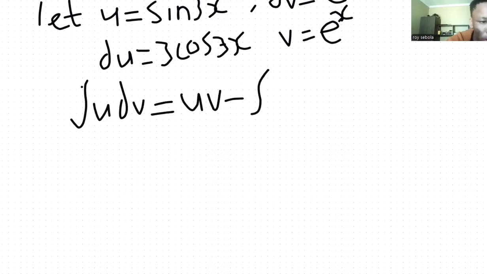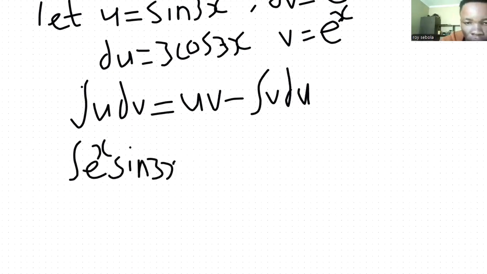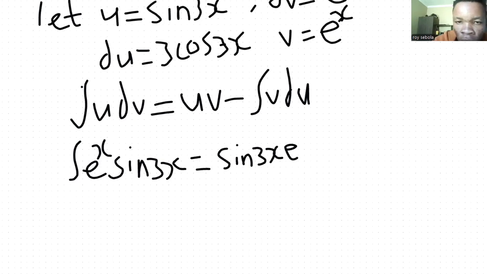So we are going to say the integral of e to the x sine 3x is equal to, our u is sine 3x, then our v is e to the x, minus the integral of v, v is e to the x, then du is 3 cos 3x.